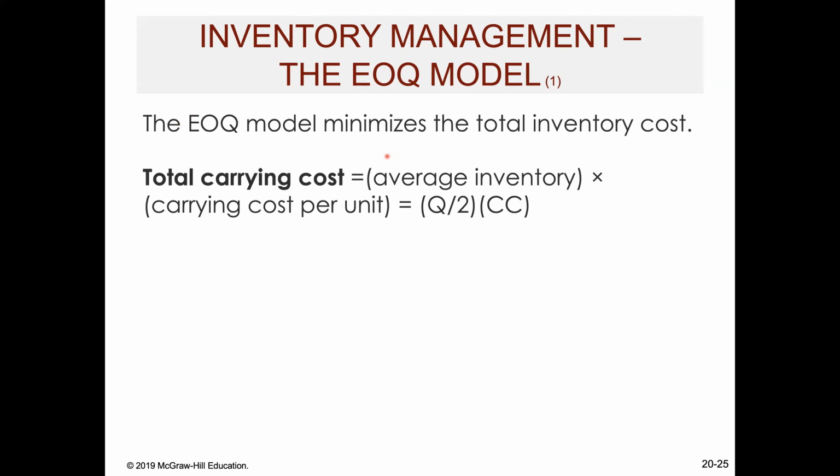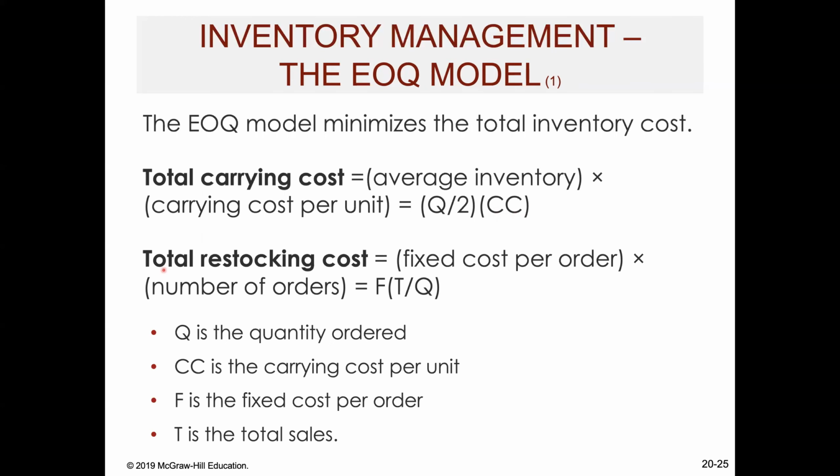So we're going to look at the two costs again, the total carrying costs. Total carrying cost is equal to the average inventory times the carrying cost per unit. So the average inventory is Q divided by 2, and carrying cost per unit is CC. Then we have the total restocking costs. We've got fixed costs per order, which is F, times the number of orders.